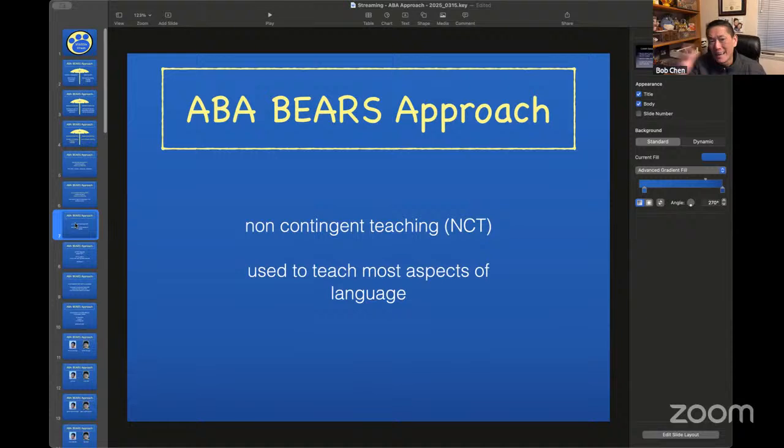It was a complete accident that we stumbled upon it. It's only when we started to realize the power of this method of teaching that we explored it further and further. Through all the kids that we worked with, by and far, non-contingent is superior to typical discrete trial training when you're teaching kids language.